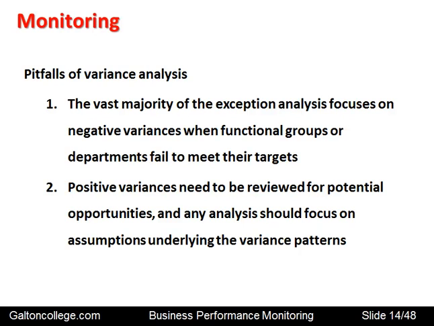However, positive variances need to be reviewed for potential opportunities, and any analysis should focus on assumptions underlying the variance patterns. Now, a positive variance is when a budget was allocated, let's say, to achieve a certain output, and the budget was underspent.